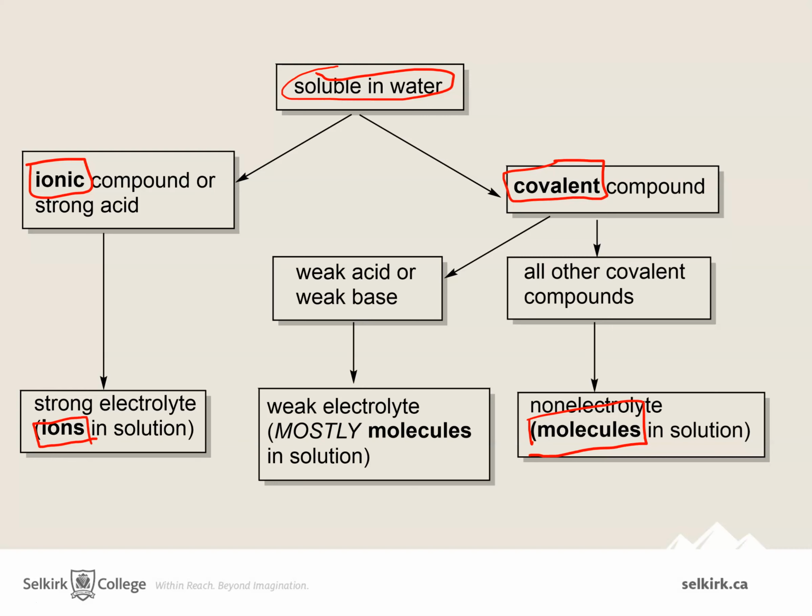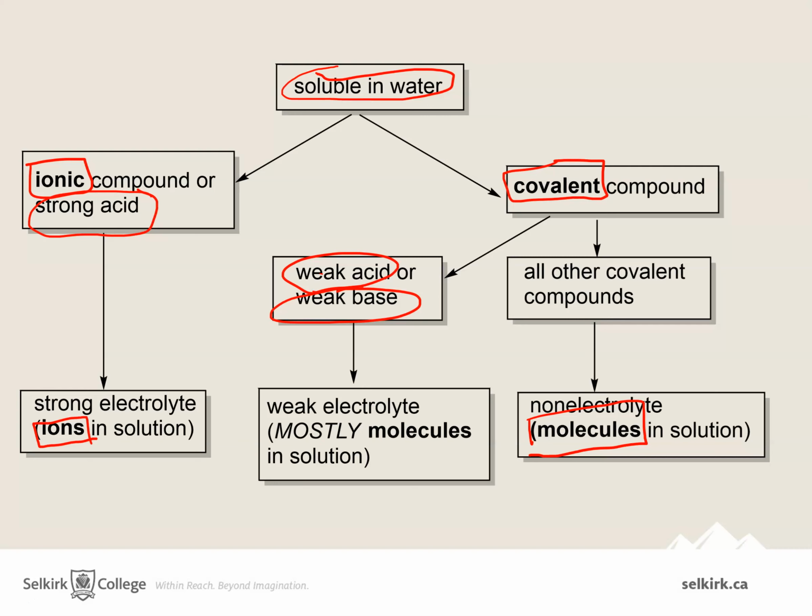There are only a few exceptions, and those are the strong acids, and weak bases. The strong acids are also strong electrolytes. They completely react, forward arrow, to make ions in solution.